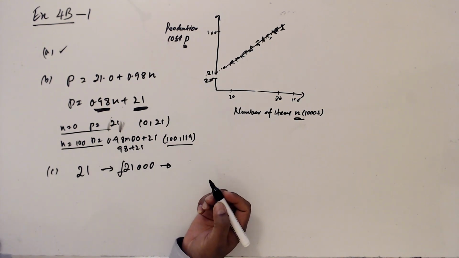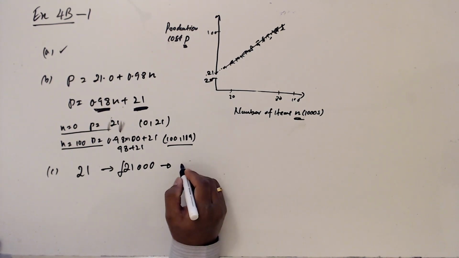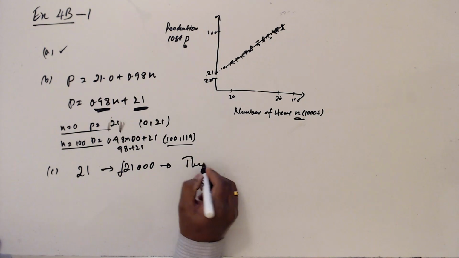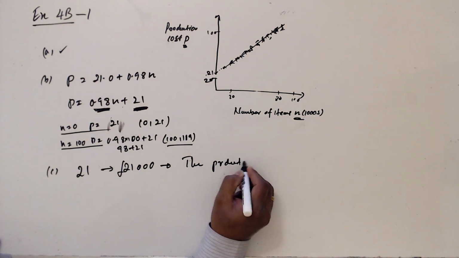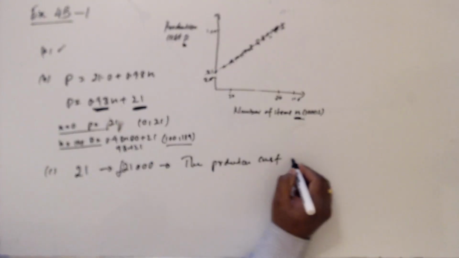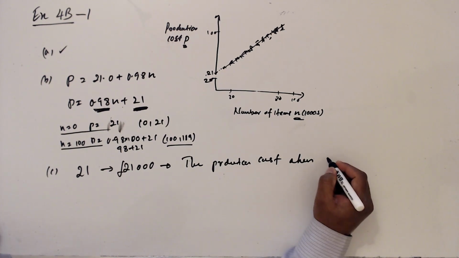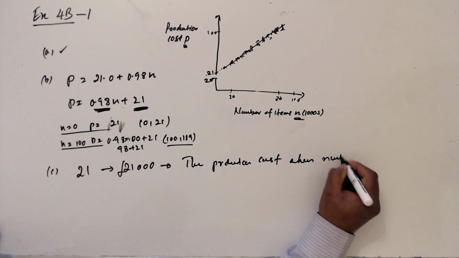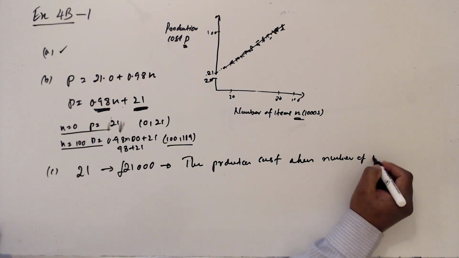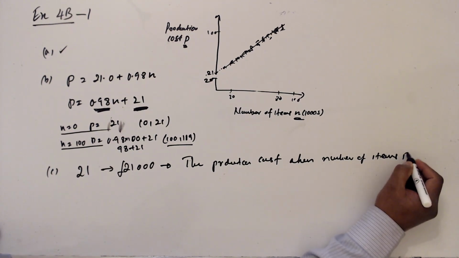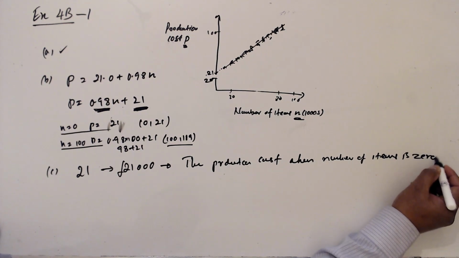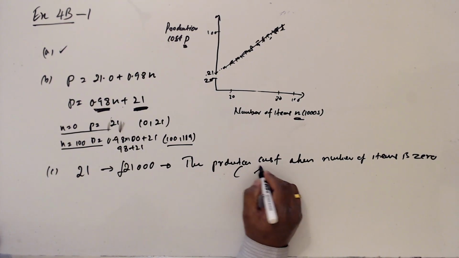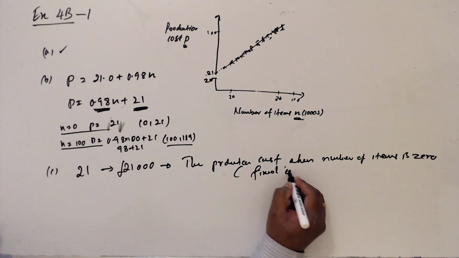So the meaning of this is the production cost when the number of items is 0. Basically, in a company, this is the fixed cost.